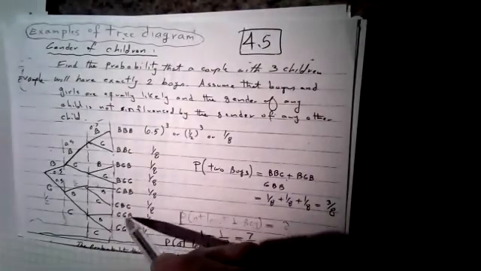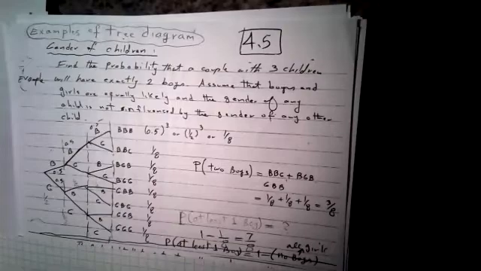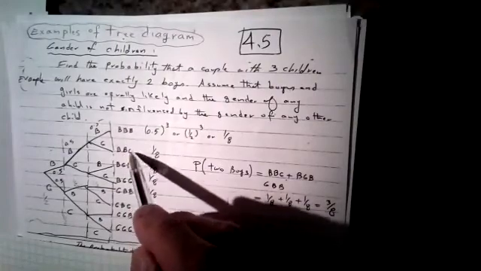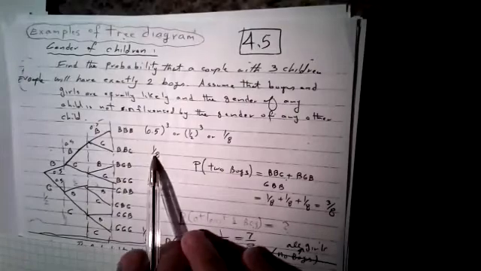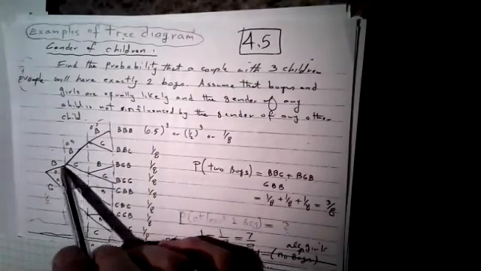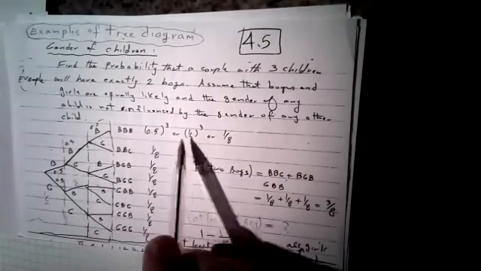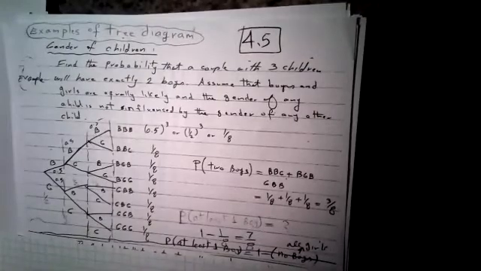You have 1, 2, 3, 4, 5, 6, 7, 8 possibilities. A couple want to have 3 children. All 3 of them could be boys. The first 2 could be boys and then a girl, boy, girl, boy, and so on. And how do I come up with 1/8? You go through this branch. The probability is all 0.5. 0.5 times 0.5 times 0.5, which is 1/8. See, they all have the same probability.